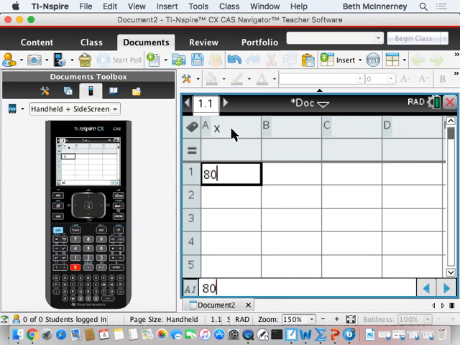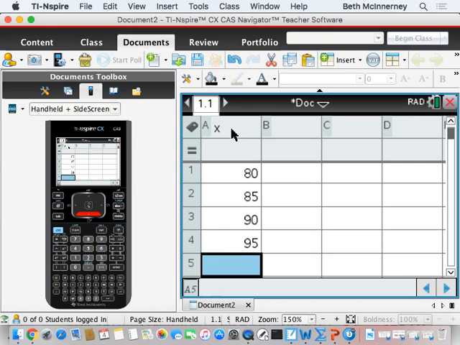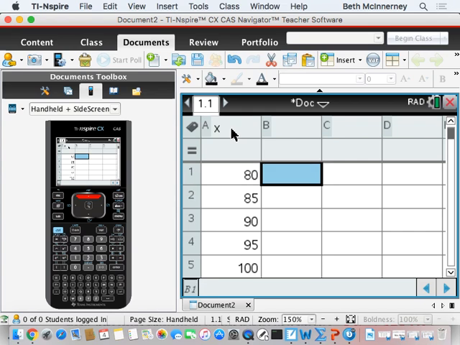All right, so I'm going to enter the x values, 80, 85, 90, 95, and so on. And then you're going to go to the B column. We'll call it y, and let's enter the y values.